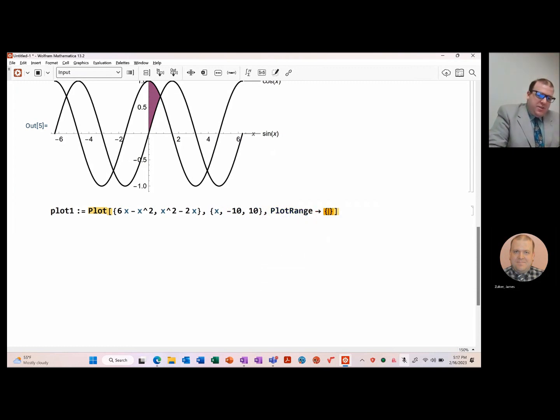All right. I'm also going to set the plot range. So I'm going to set the y-axis to go from minus 10 to 10. Otherwise, it does it automatically.